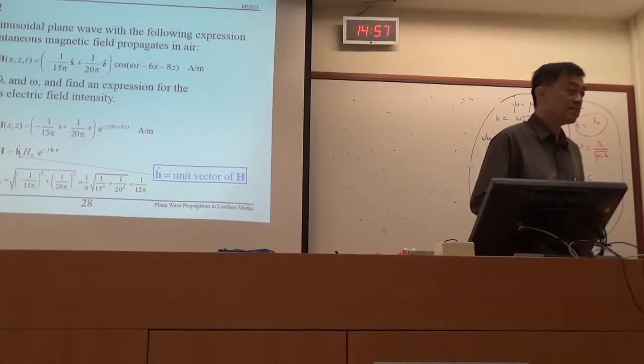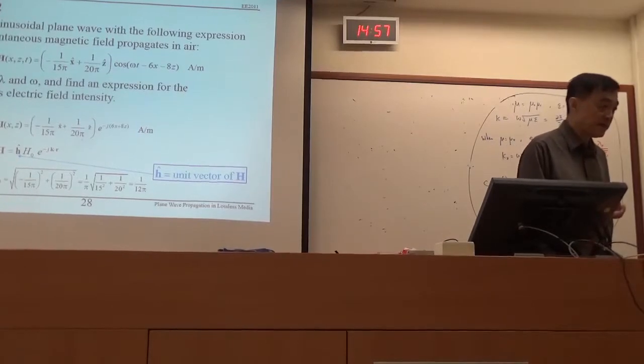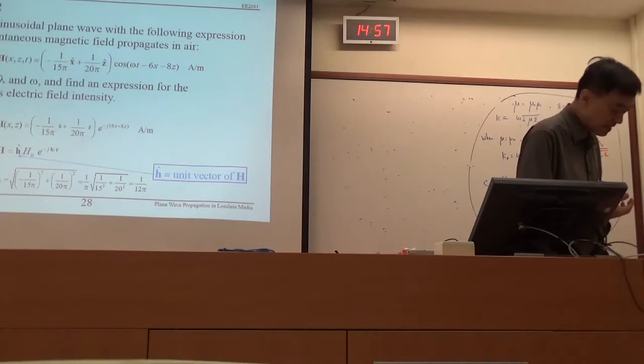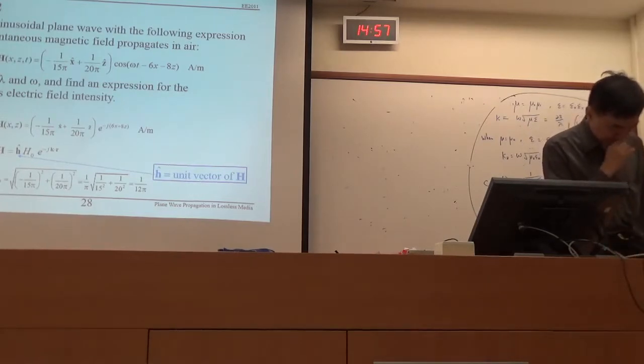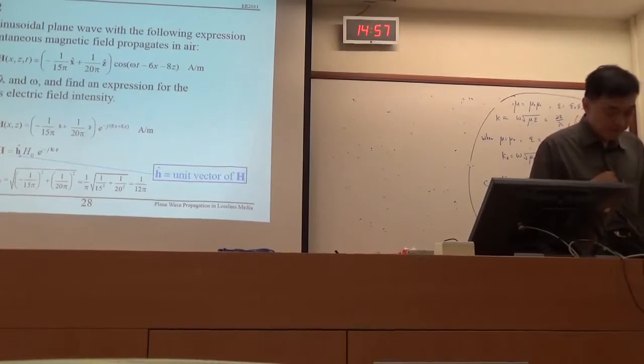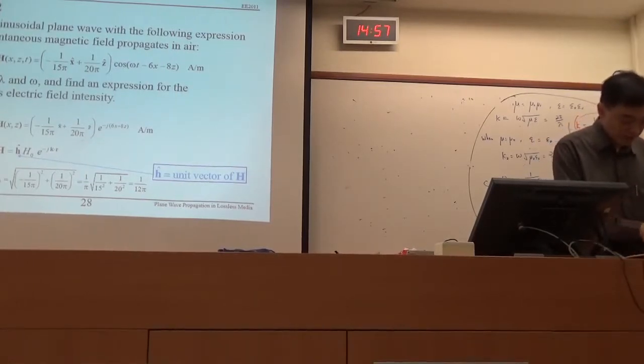You see, it's a functional precision. The field strength is a function of Z, because when it is only propagating in the Z direction, it's only field strength.